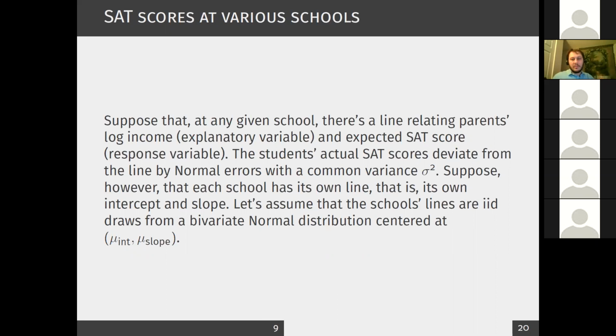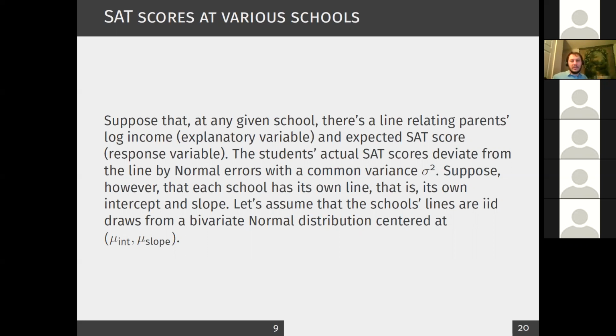Now let's assume that there is a true line relating SAT scores and parents' income. And let's also assume that every actual school has its own line that deviates from the true overall line by some amount. In particular, its slope deviates from the overall line by some amount, and its intercept deviates from the overall line by some amount, and those deviations can be modeled as normal.